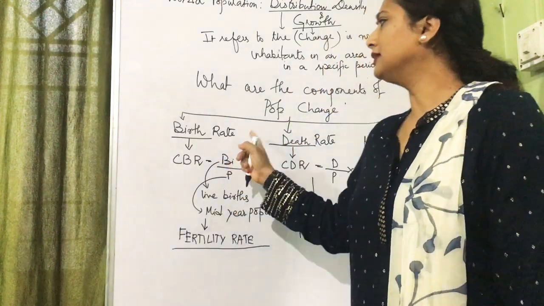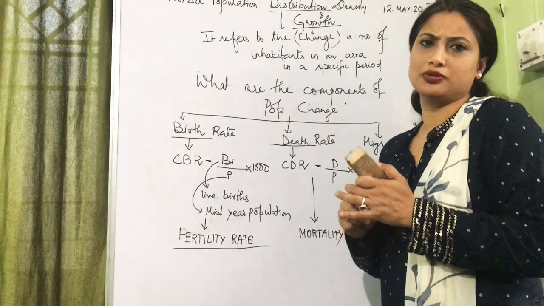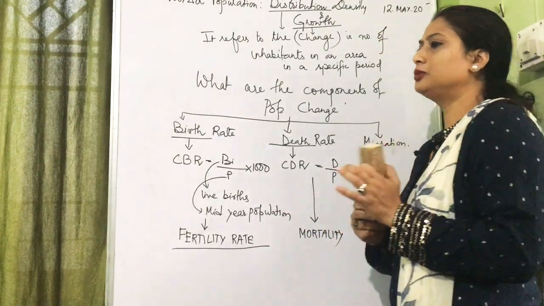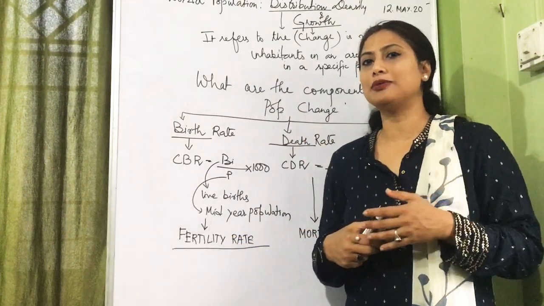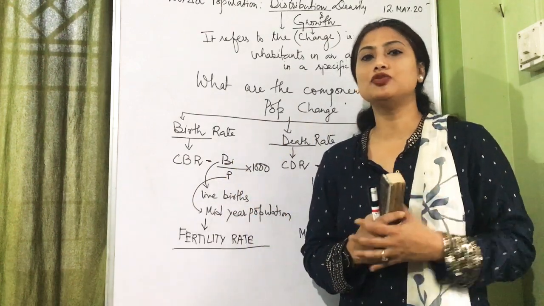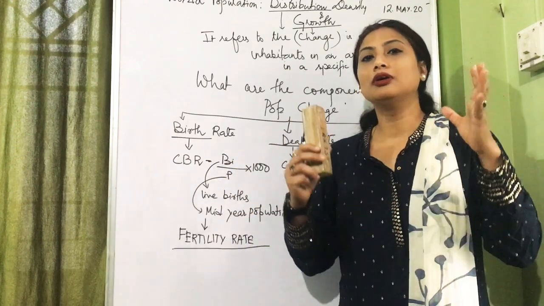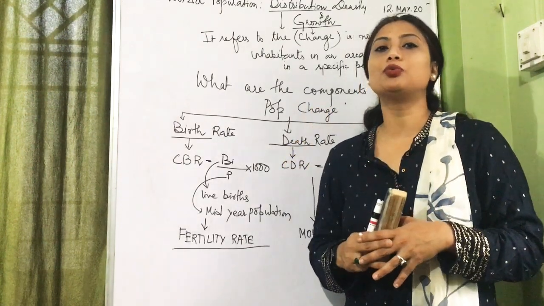For example, regarding the birth rate, one very famous thing which you have heard is China's one child policy, which ended in 2015. Because China's population was increasing tremendously, the Chinese government thought of bringing a change in the society by introducing the one child policy.